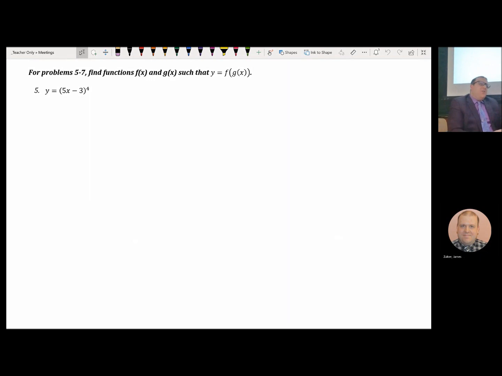In other words, given a function, you want to find two functions, f and g, or possibly three functions. In this case, we're just going to deal with two. So you want to find two functions, f and g, such that y is f of g of x. Again, this is very important for Calc 1.